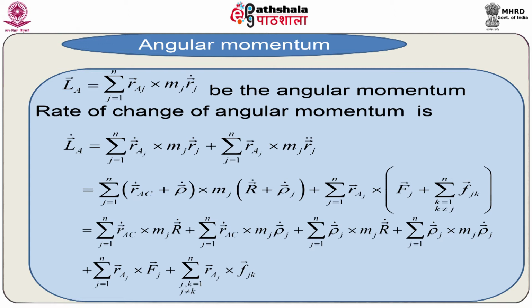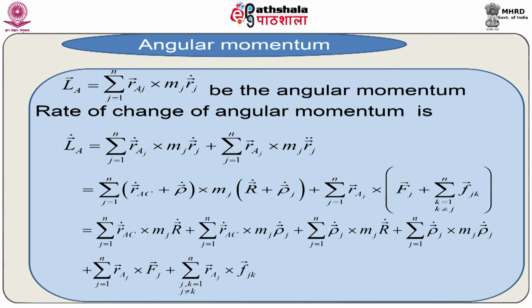This is the radius vector, r vector suffix capital A j, cross product m suffix j into r vector dot suffix j. This is the linear momentum.